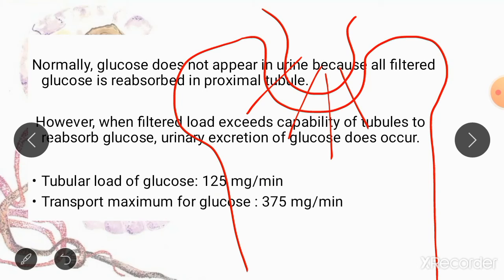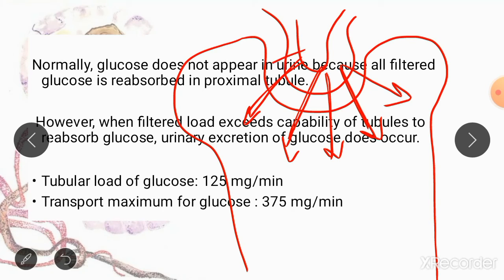This only happens in people suffering from diabetes mellitus, because in such people there is absence or insensitivity to insulin, and when insulin is not present, the glucose in your blood cannot enter the muscles and different cells of your body, and its concentration in your blood is greatly increased. It is going to be filtered in great quantities from the glomerulus into the Bowman's capsule, and when this filtration exceeds a threshold, the glucose starts appearing in the urine. This is known as transport maximum of glucose.